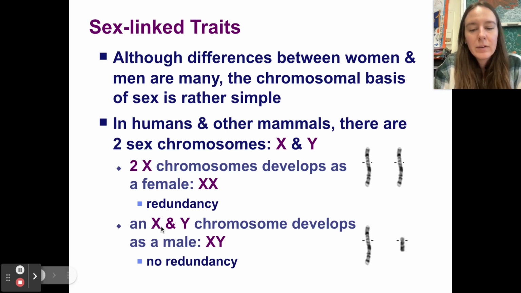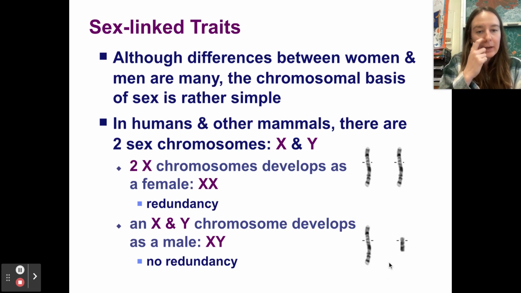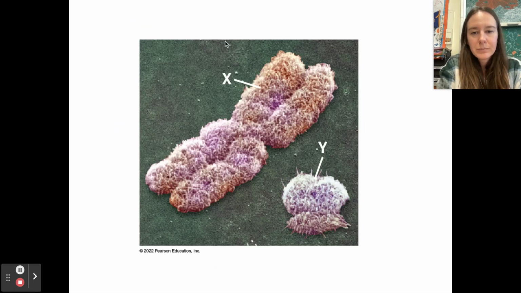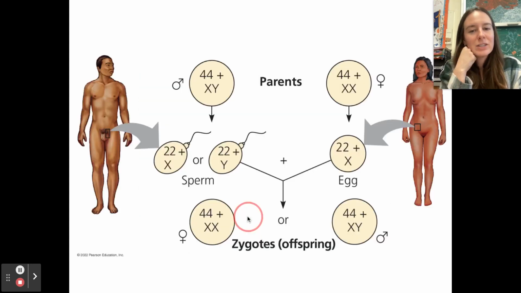But if you're a male, assigned male at birth, then you have an X and a Y, and there's no redundancy. This means all your X genes, there's only one copy of them, not on the Y. Here's a picture under a microscope, and you can see the X is much bigger, and the Y is just a little guy, with fewer genes on it.